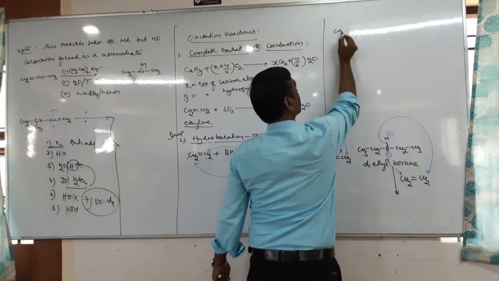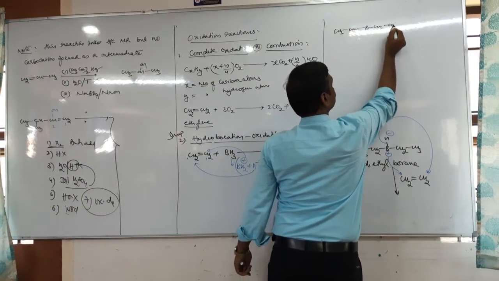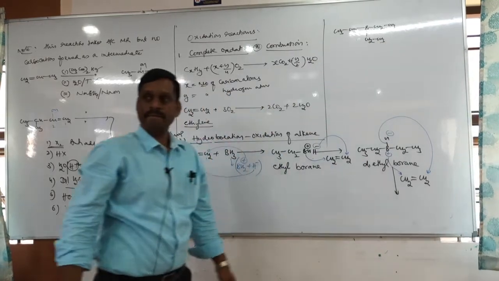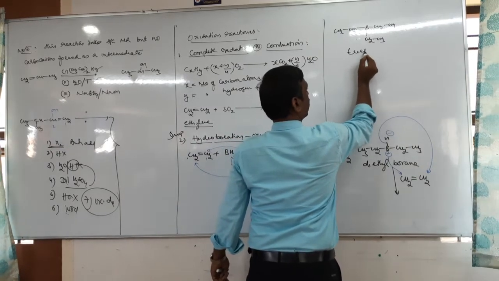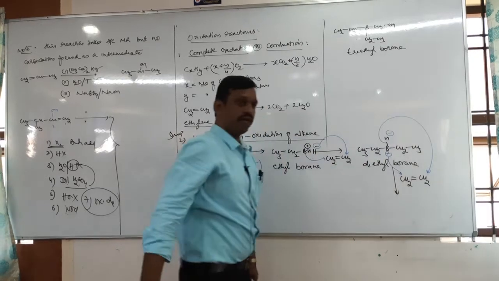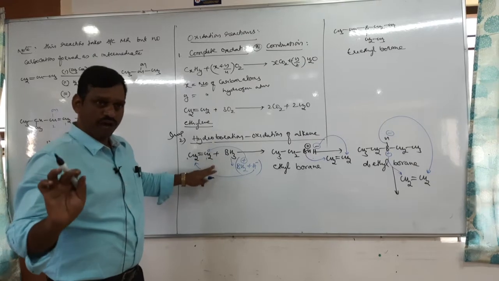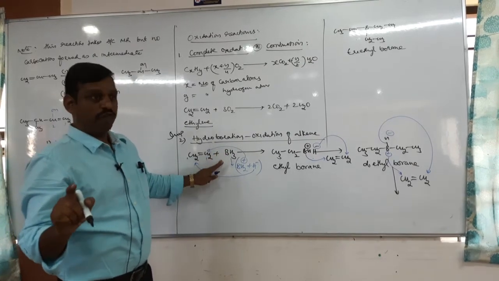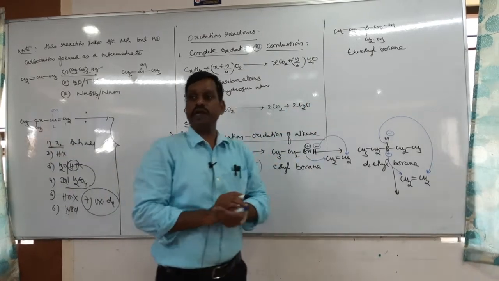CH3, CH2, B, CH2, CH3, here CH2, CH3. What is this? Triethyl borane. So now tell me, 3 moles of alkene react with 1 mole of diborane, it forms trialkyl borane. So trialkyl borane is the intermediate.